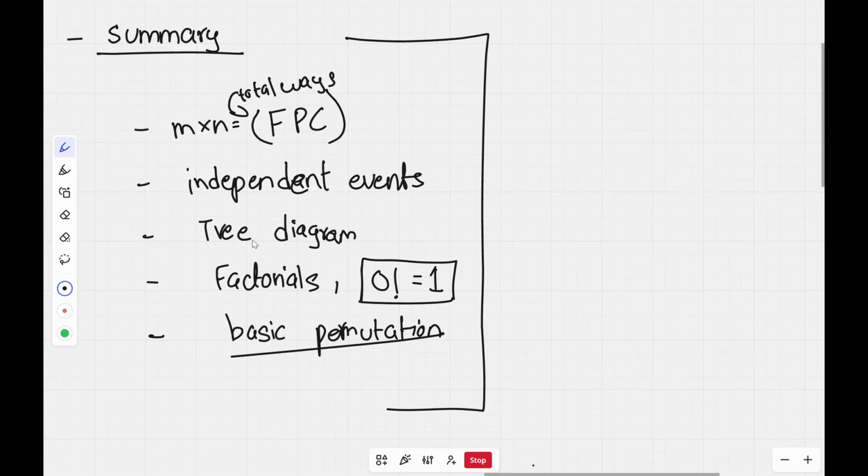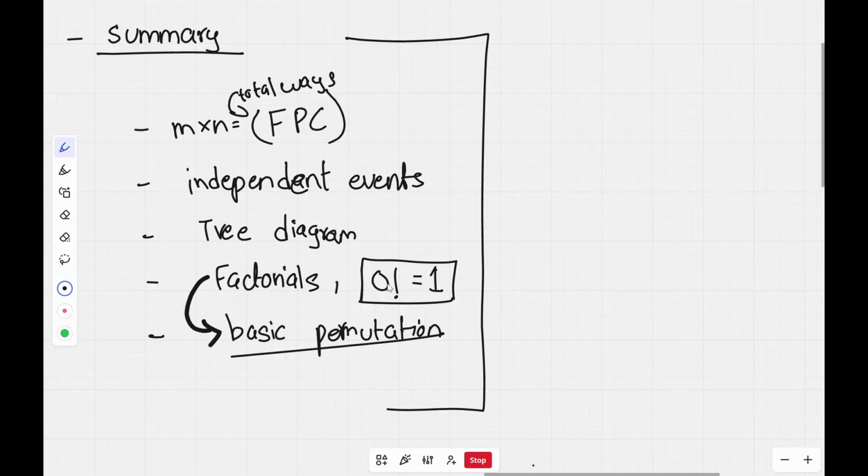Then we saw a tree diagram with the example of a coin and the rolling of a dice for better understanding of FPC. Then we saw factorials, in which we learned what factorials are and how they are used in PNC. And this use of factorials then led us to basic permutation.